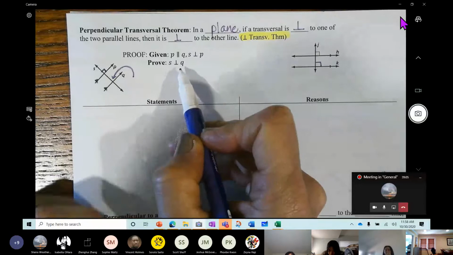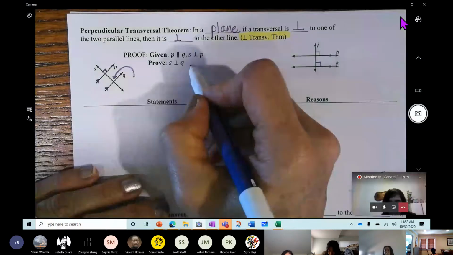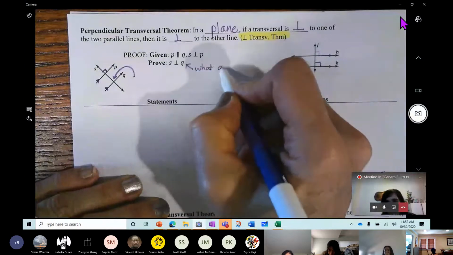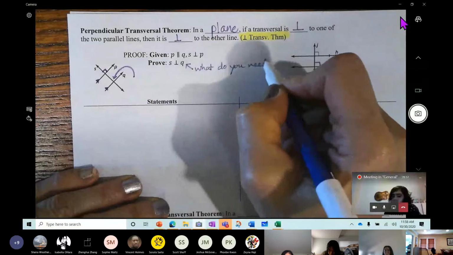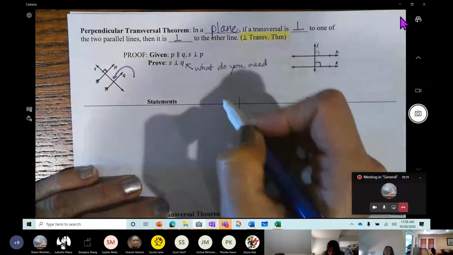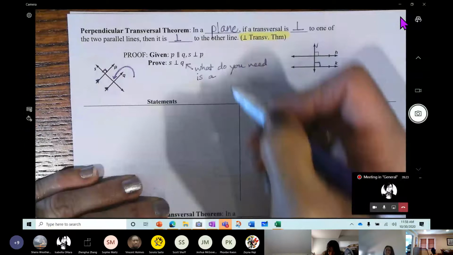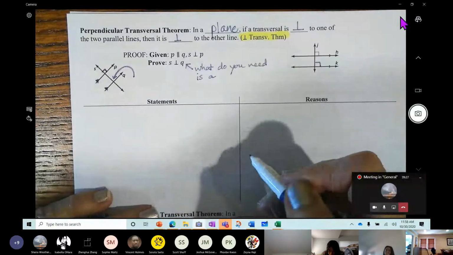What does he want to get to? What did we need on the last one? To say that two lines are perpendicular.